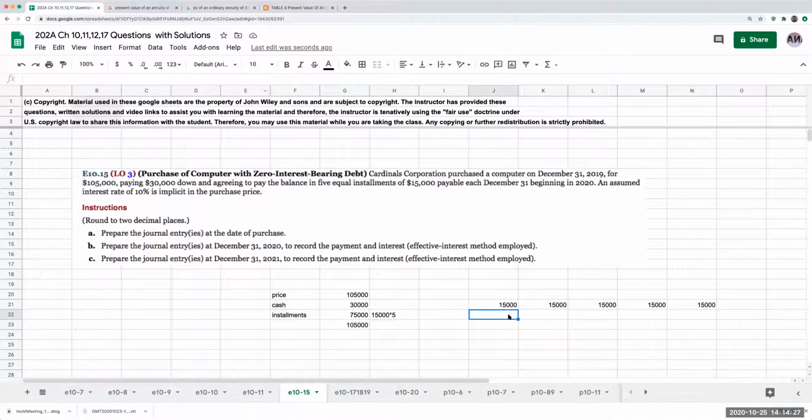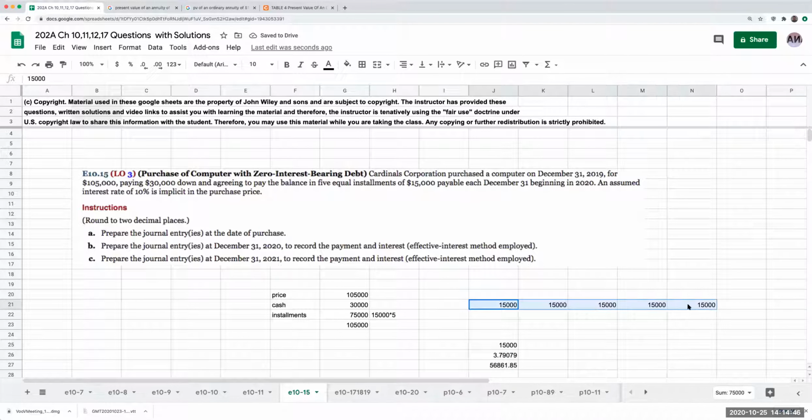So the value of this today is going to be 15,000 times 3.79079, or a total here of 56,861.